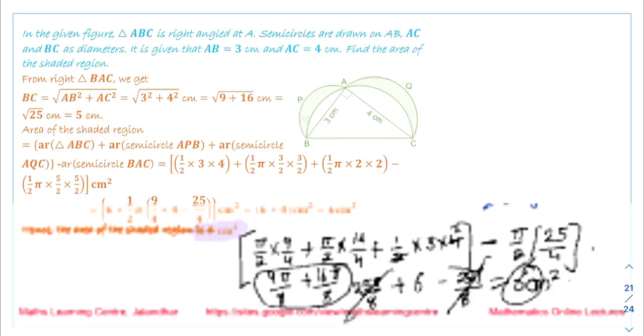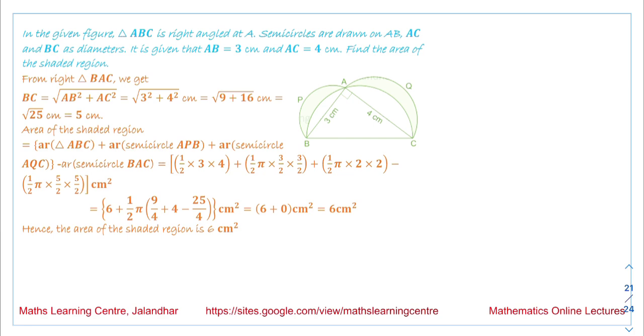Next is, in the given figure, triangle ABC is right angled at A. So triangle ABC is given to us and it is right angled at A. Semicircles are drawn on AB, AC and BC. We have drawn a semicircle on each side, with BC as the diameter.